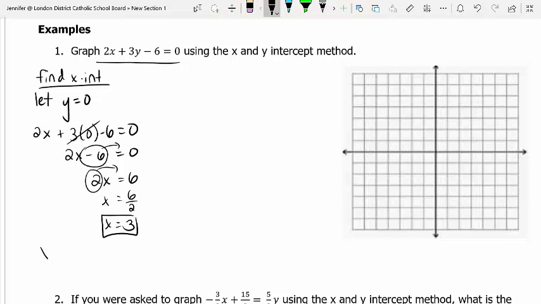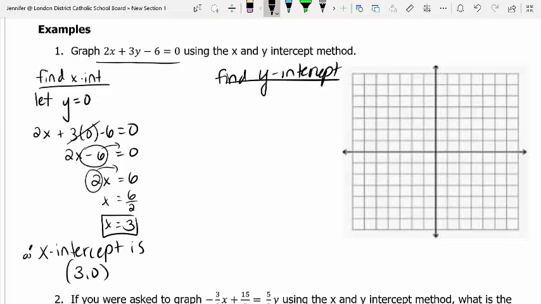Okay, so the x-intercept is at 3 and 0. Now let's find the y-intercept. So to find the y-intercept of this line, we let x equal 0, plug in 0 for x, and then we solve for y.